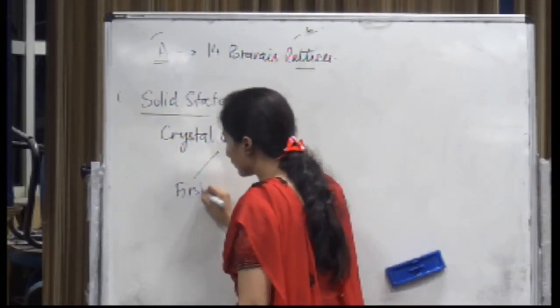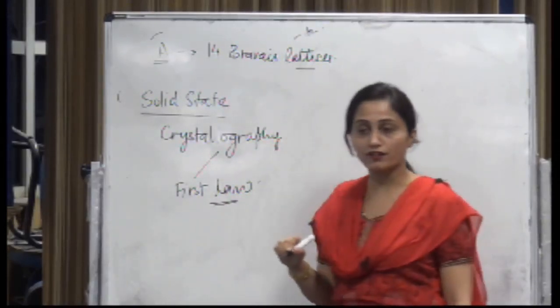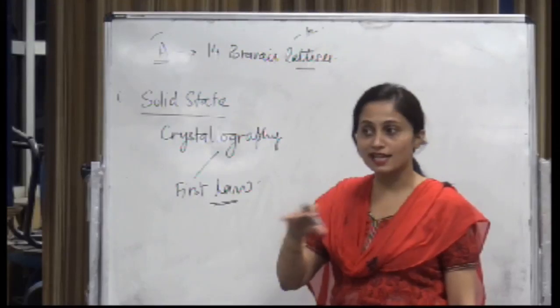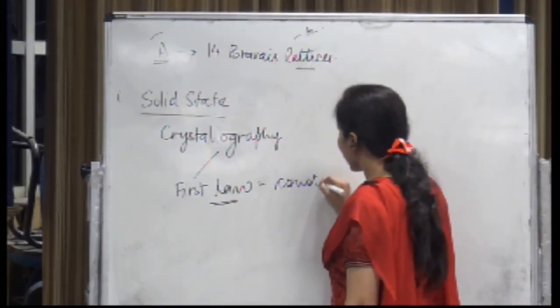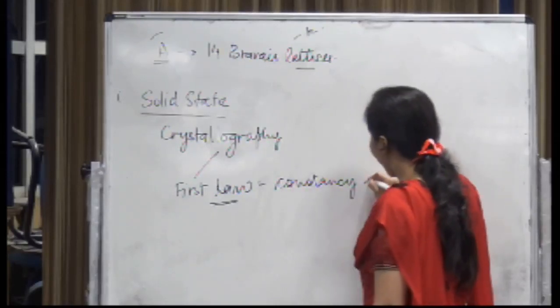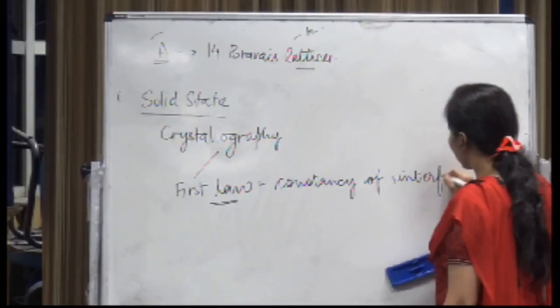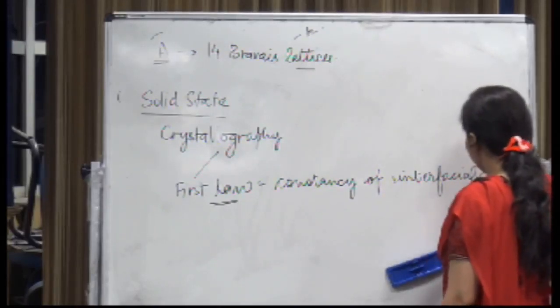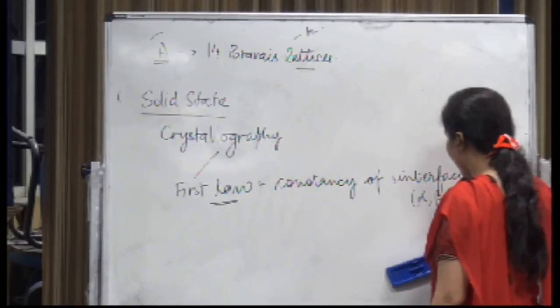I am talking about the first law first. The first law of crystallography talks about the constancy of interfacial angles. Which angles am I talking about? The alpha, beta, and gamma.